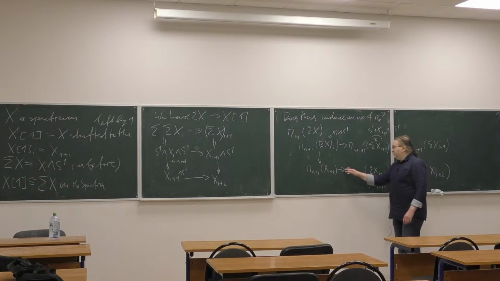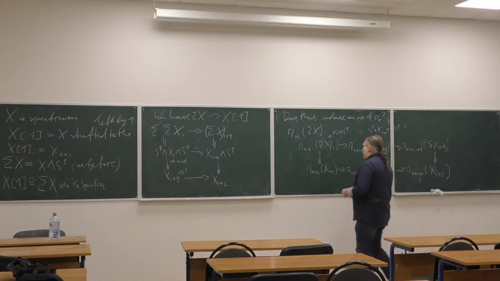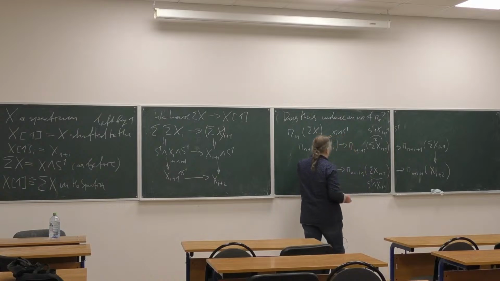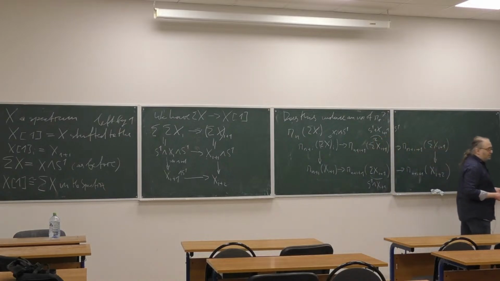So here we have the suspension, here we have the structure map. And the horizontal arrows on the left and on the right are given by the structure maps. I want to know whether or not this diagram commutes.